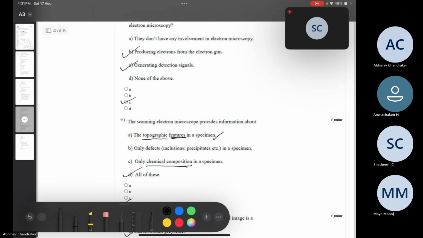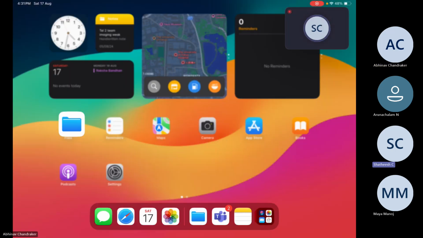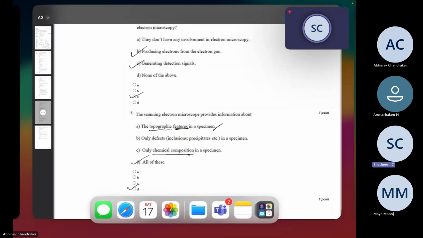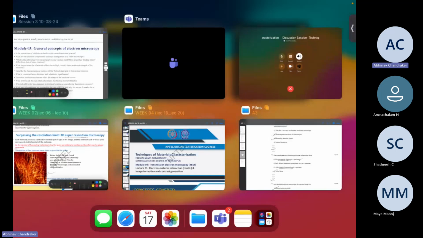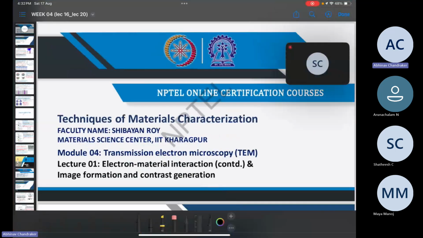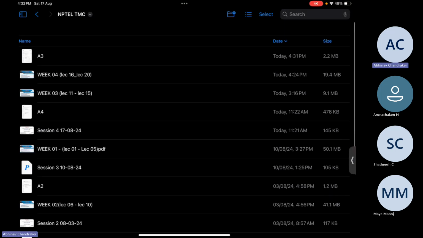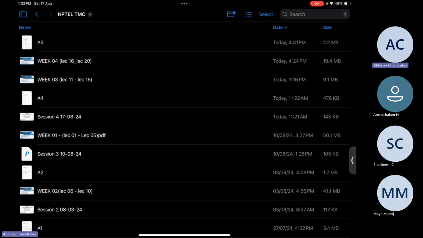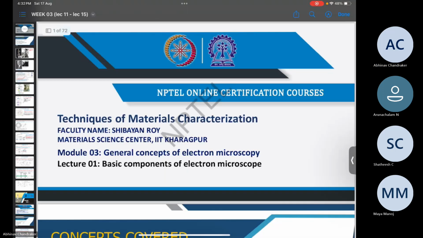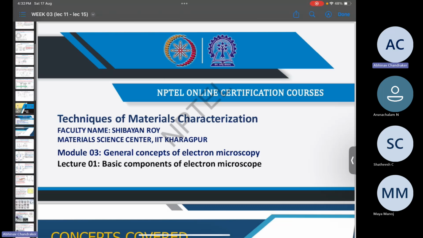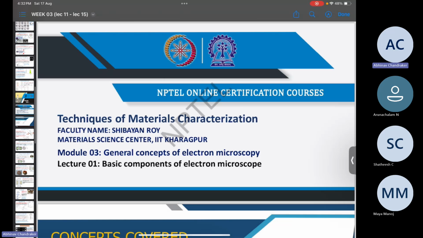So we can get information other than the topography too. So can you recall some of the other signals that can come out when the electron interacts with the thick SEM specimen, other than the secondary electrons which get detected? What are some other signals that you can get?